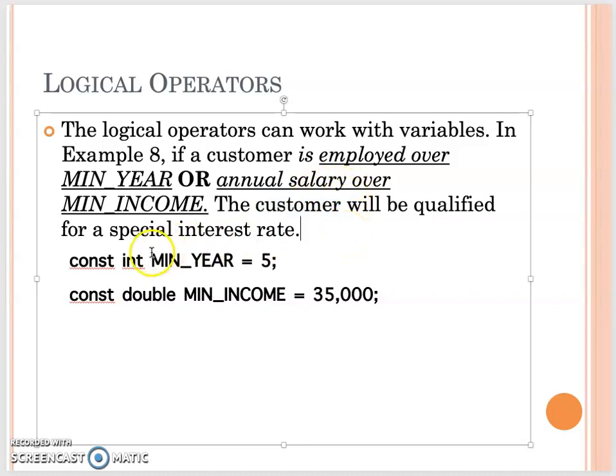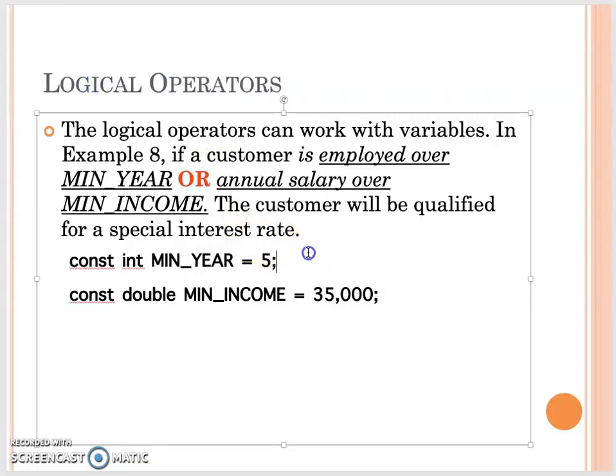So that's why here we have the constant number, that's our requirement. So if the customer works at least 5 years, or the minimum income is 35,000, so we will qualify them for a special interest rate. But here, be careful, that's OR.